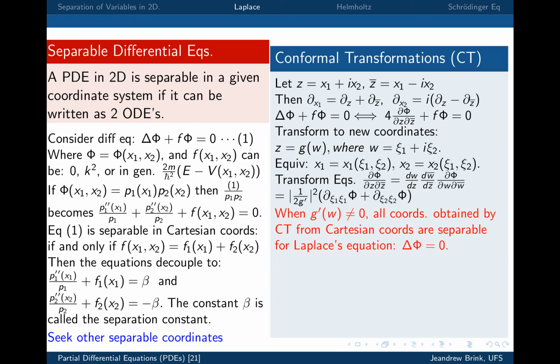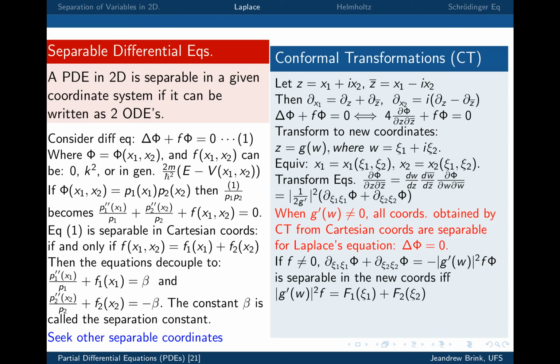Okay, so Laplace is always separable. If f is not 0, then the expression that you get is that thing, right? Where I've just multiplied through by the norm of g prime squared, times f times phi. And so that thing is separable if in the new coordinates this thing is separable.